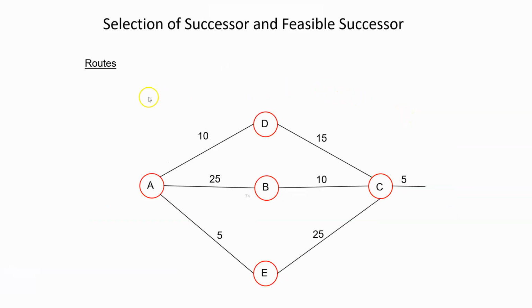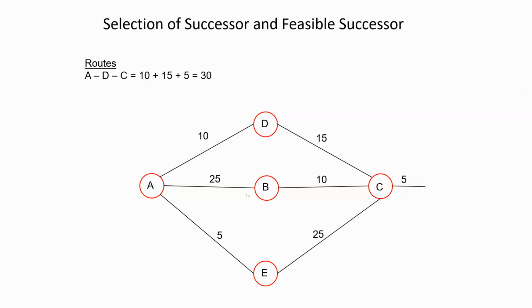So in this one, the routes here, the feasible distance and then the reported distance that would be in each of these. The routes A to D to C, 10 plus 15 plus 5. The 5 here on the outside of it. And this is the one that's confused me, where does that one come from?